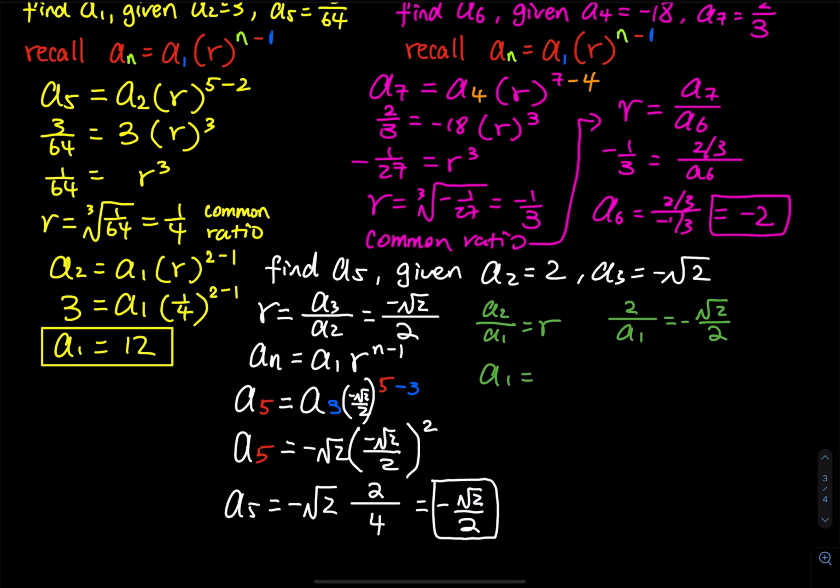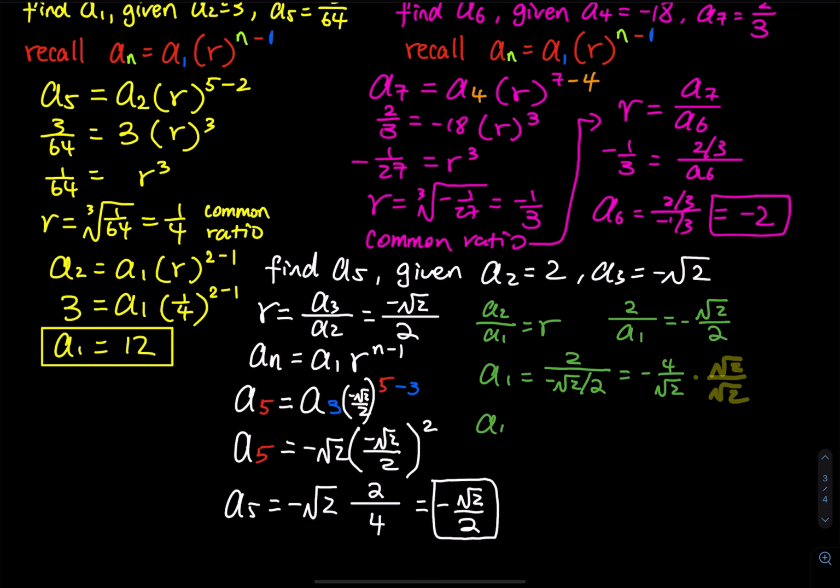So a1 is equal to 2 divided by -√2 over 2. Once you flip the 2 to the top, you will get -4 over √2, right? I am not sure if we should rationalize that. Let's just rationalize. I will multiply the top and bottom by √2.